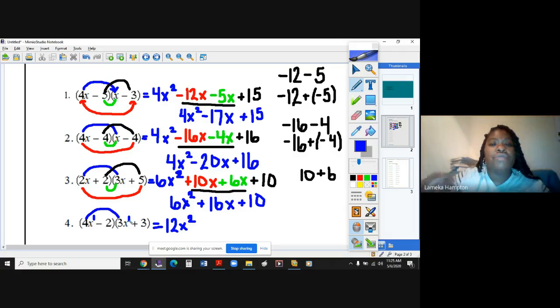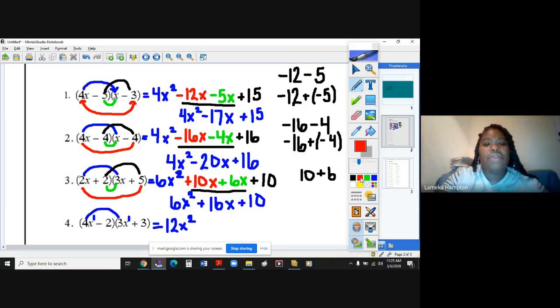They're not going to write it out. They're not going to say 4x to the first power. So you have to remember that there is an imaginary one here. So when you multiply the coefficients, you're going to add your exponents. So 1 plus 1 gives us that 2. So that's how we came up with 12x squared.